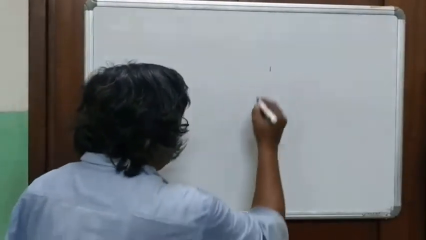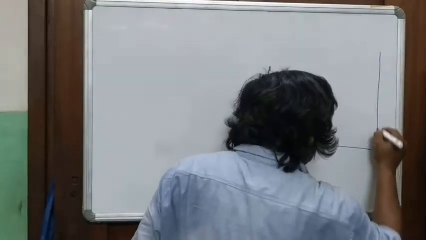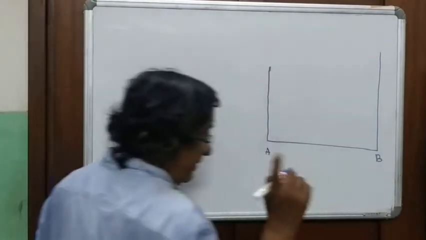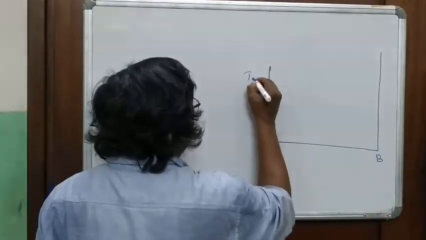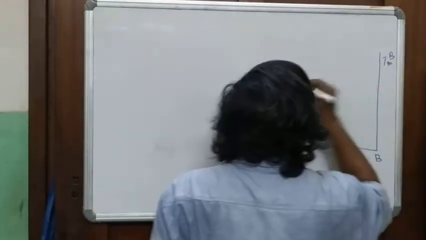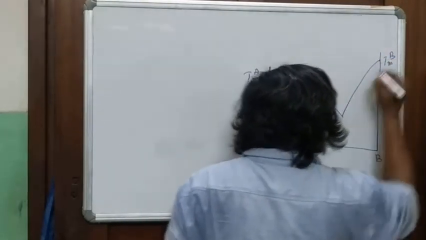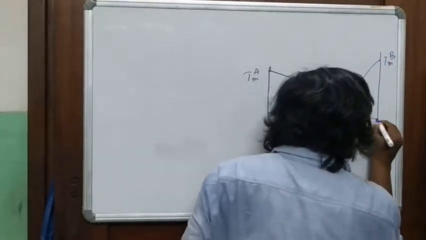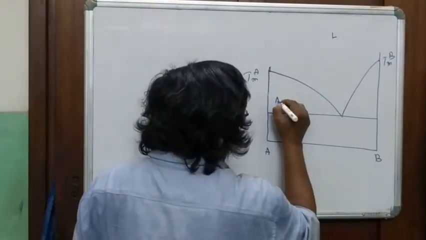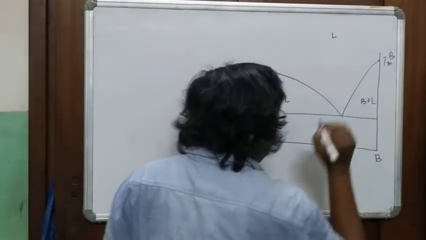So, eutectic crystallization, this is the famous diagram where you have crystals of A and B, pure, remember. You have the temperature of melting of A and the temperature of melting of B. This is liquid, this is A plus liquid, remember A is pure, B plus liquid, remember B is pure.